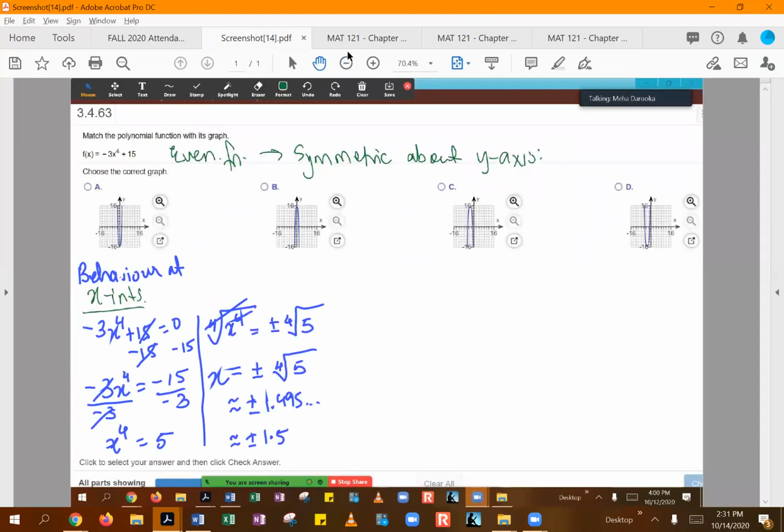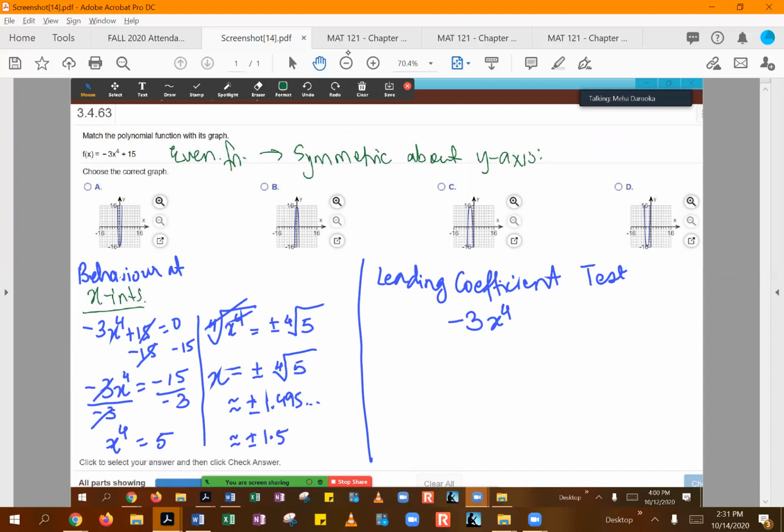So let's use our leading coefficient test to help us see in what direction the arms of our function are headed. With the leading coefficient test, you are only looking at the leading term, which is negative 3x to the fourth.